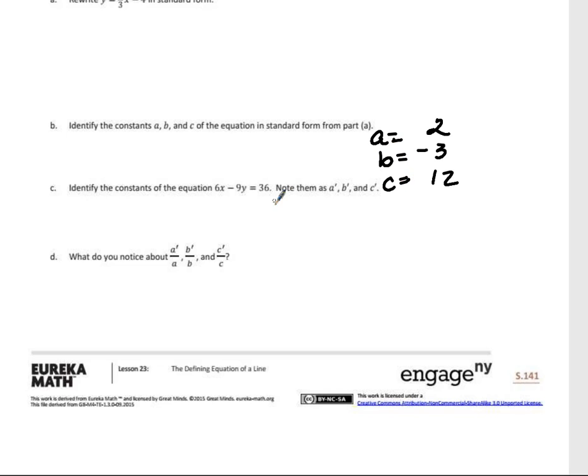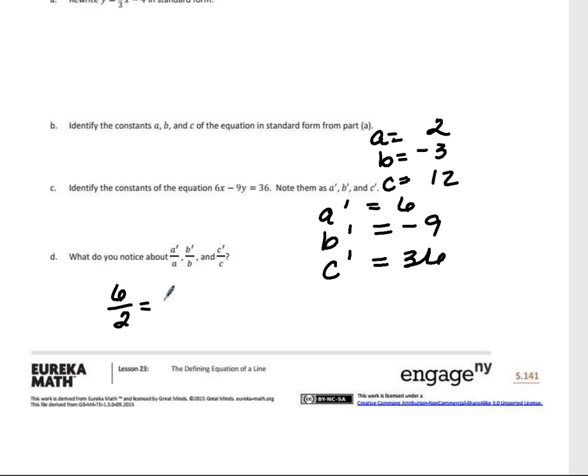All right, and then it says identify the constants in the equation given. So here is our A prime, B prime, and C prime. A is 6, B is negative 9, and C is 36. Again, we're going to go ahead and make some ratios of them. A prime was 6 over A, which is 2, reduces to 3.